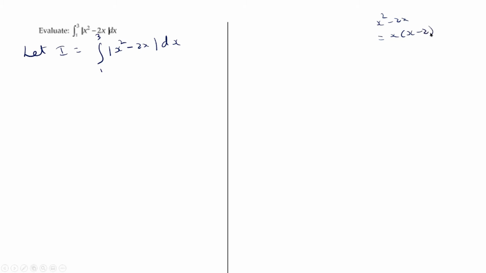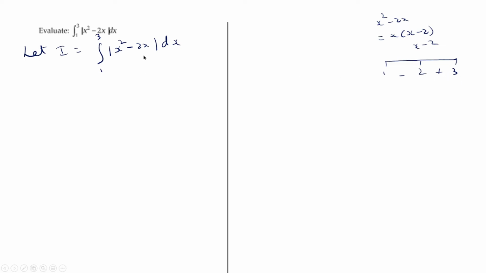If we take this interval 1 to 3, x is positive in this interval. When we take x minus 2, if we draw the number line here, 1, 2, 3, x minus 2 is negative in the interval 1 to 2 and it is positive in the interval 2 to 3.